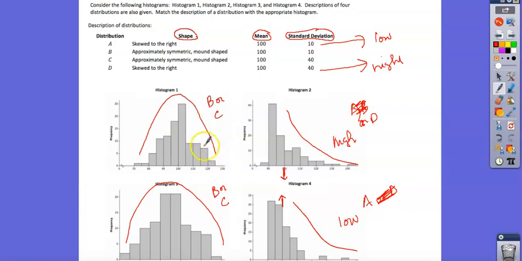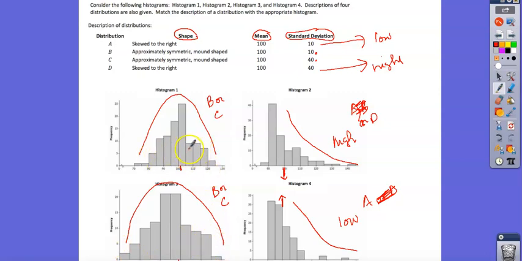Let's look at this one. We know the mean is at 100 here. And this one, it says, okay, one of them has a very low standard deviation, and one has a high one. Which one has your data closer to each other? Okay, so I think, see how this one's spread out a little bit further than this one?